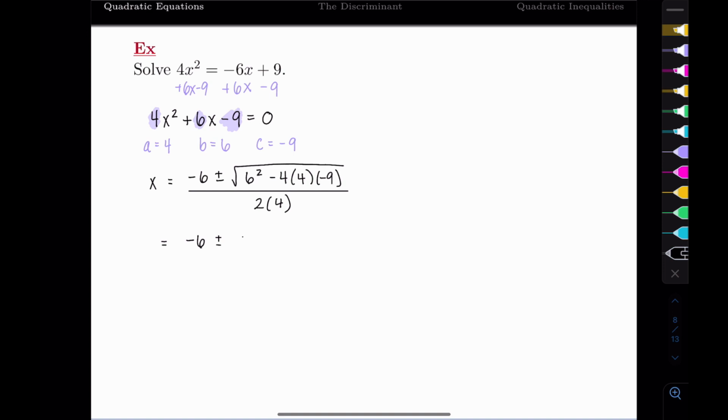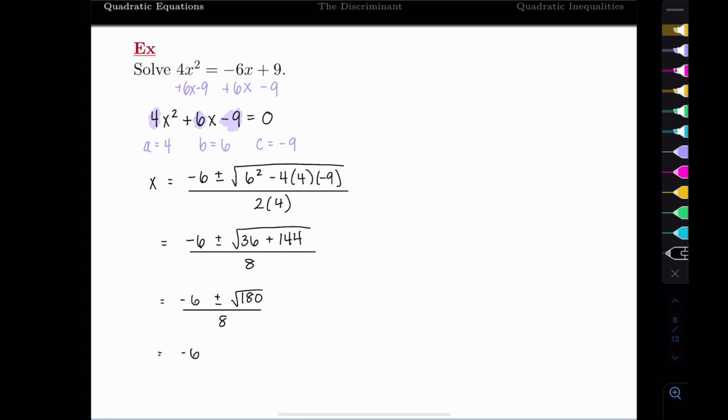Underneath the radical, 6 squared is 36. If you do 4 times 4 times negative 9, it turns into a positive, so it's plus 144, and then divided by 8. Simplifying under our radical, 36 plus 144 is 180, and that's something I can keep simplifying.